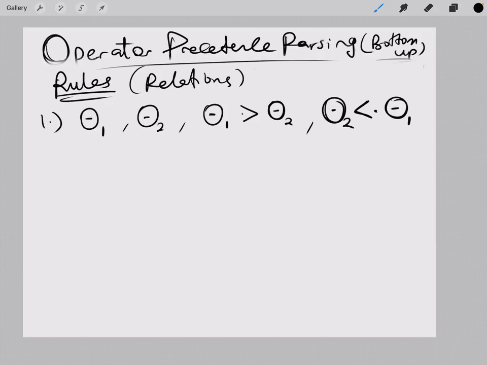Note that arrangements might be important depending on how the string is arranged. Some operators might come first, and the way they come will determine how we structure the relationship. This guy is more valuable than this guy, regardless of the arrangement. So in case this guy comes first, this guy takes precedence over this.